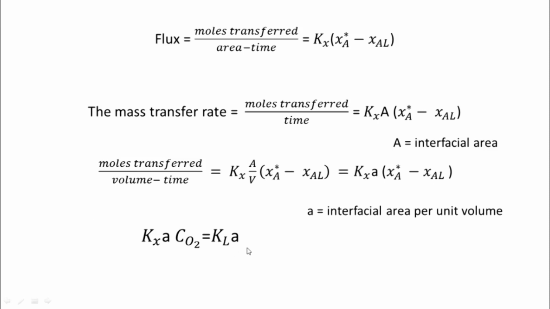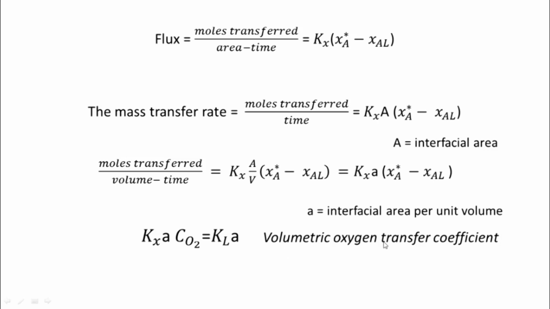This is what it actually is in terms of the fundamental viewpoint. So, the overall mass transfer coefficient, this is on a mole fraction basis. This, if we multiply by the total oxygen concentration in the medium, it becomes on a molar concentration basis. The mass transfer coefficient of oxygen on a molar concentration basis, and also on a volumetric basis, is KLa.